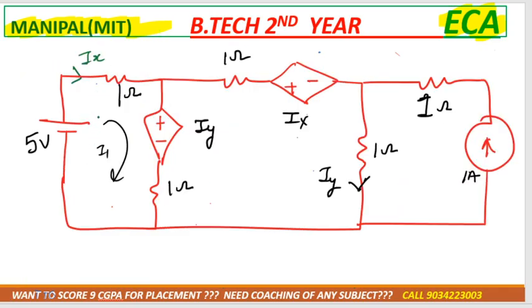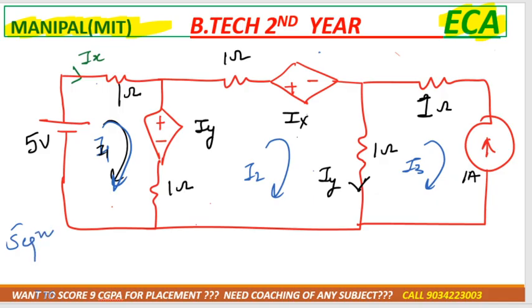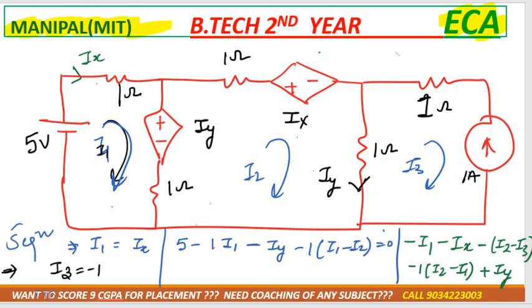This one is I1, I2, I3, right? Now you have three meshes and two dependent sources. Means in total you need to make 5 equations, right? So these are the 4 equations. See, how will you get the fifth equation? It is depending on current, means it is depending on mother, right?